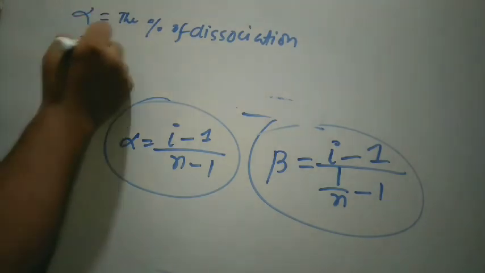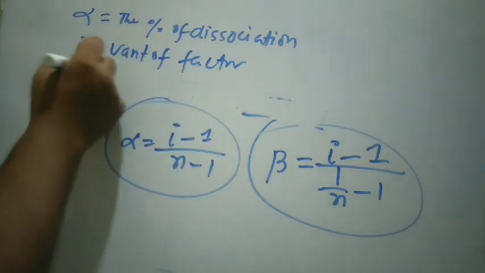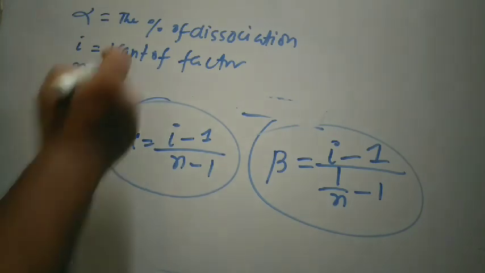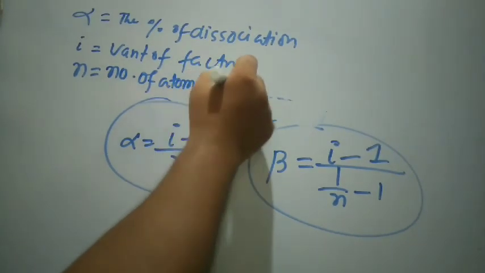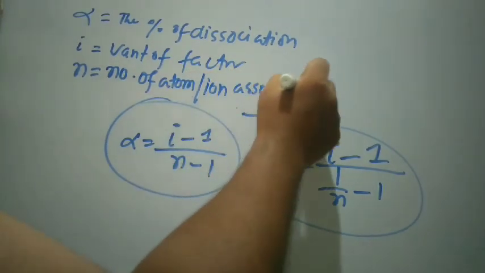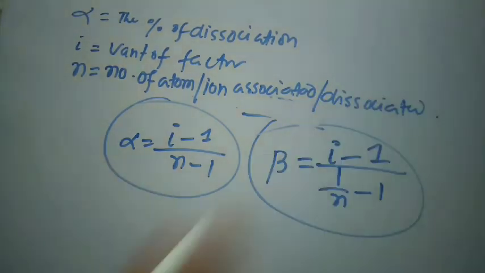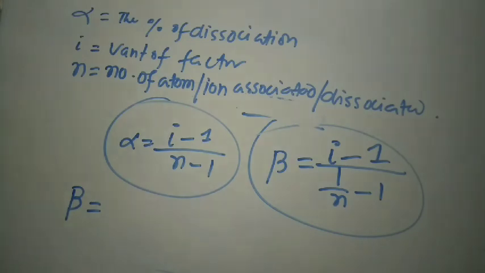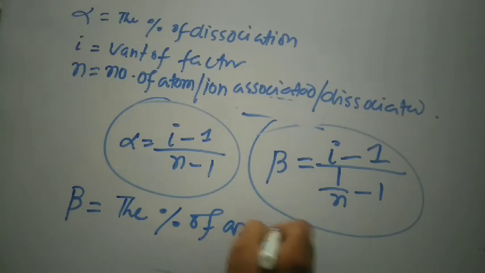Now what is i? i is the Van't Hoff factor. n, what is n? Number of atoms or ions associated or dissociated, right? And what is beta? Beta is the percent of association.